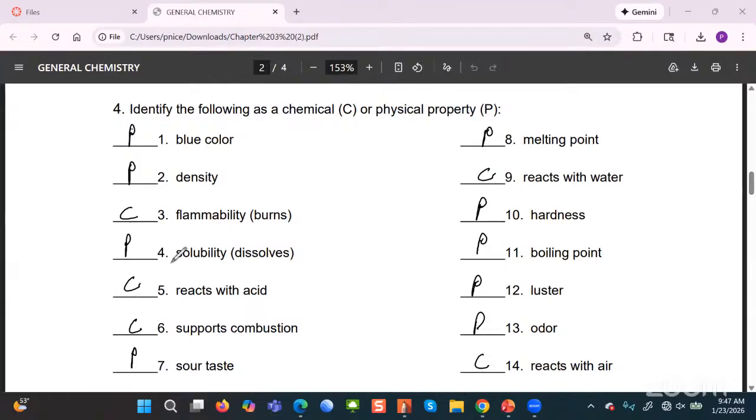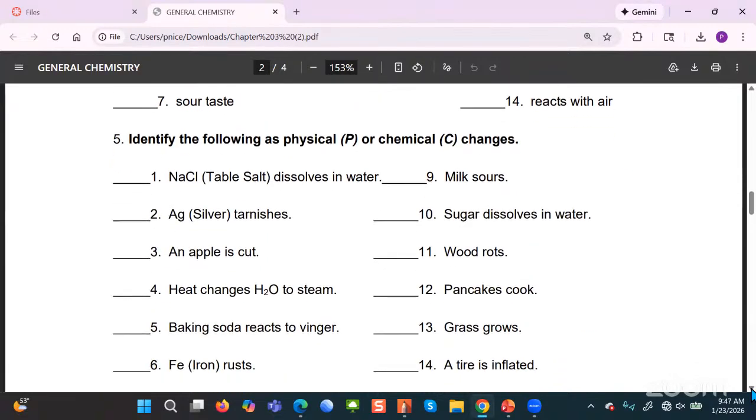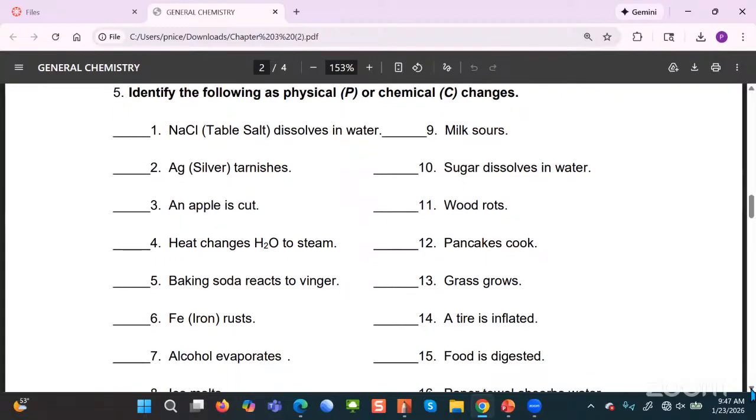Can I clear this? All right, let me scroll down. Okay, so again, physical and chemical. This time we're looking at changes. Let's start with sodium chloride dissolves in water. Physical. Silver tarnishes. Chemical. An apple is cut. Physical. Heat changes water to steam.